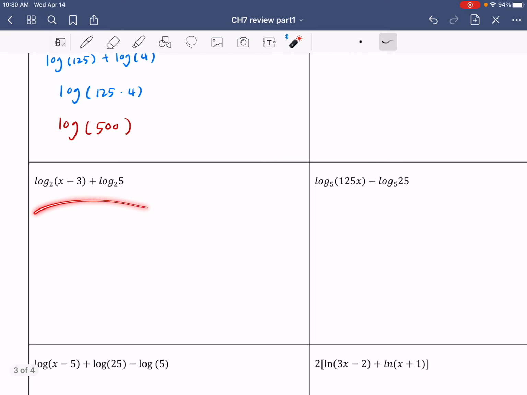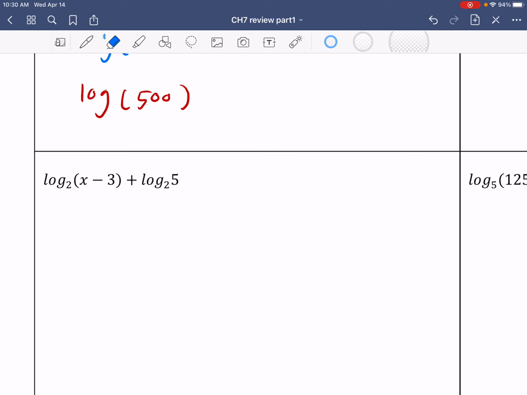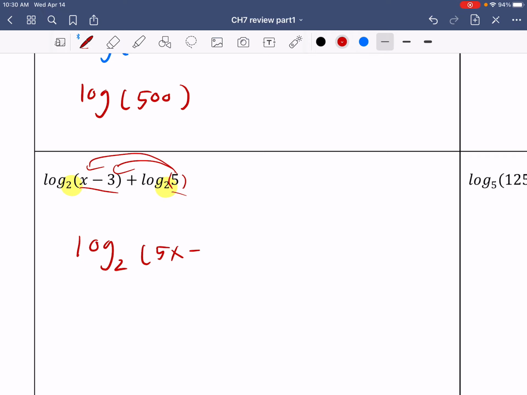Now let's do this. Luckily, I have the same base. So we can multiply these two numbers. So distribute, because we're gonna multiply. So 5 times x is 5x. Negative 3 times 5 is negative 15. All right.